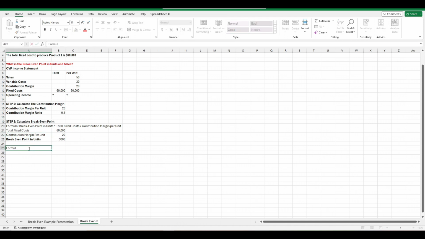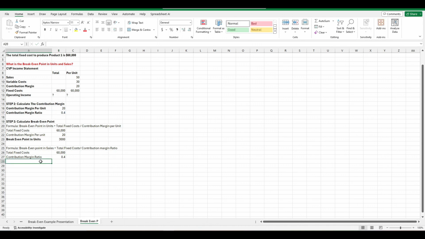So now we want to find our break-even point in sales. This is equal to our total fixed costs divided by the contribution margin ratio. The total fixed cost is always going to remain the same, just remember that, 60,000. Our contribution margin ratio is what we calculated in step 2.